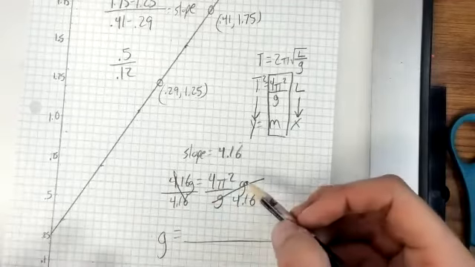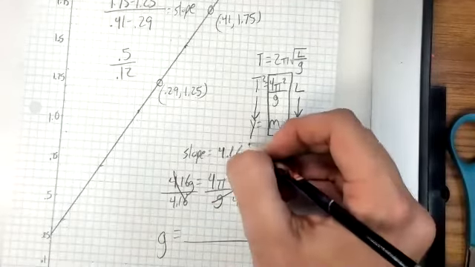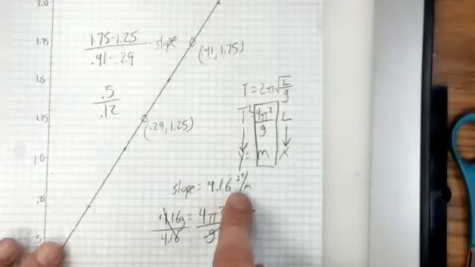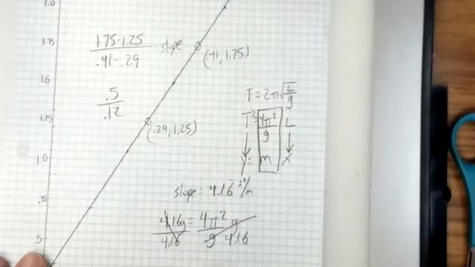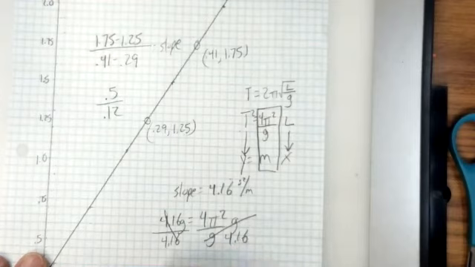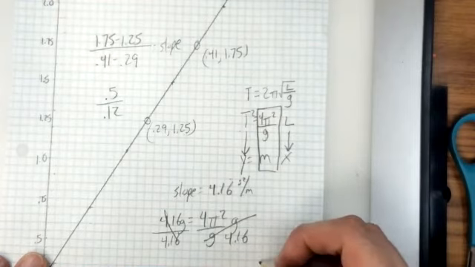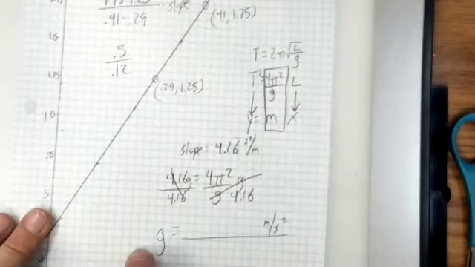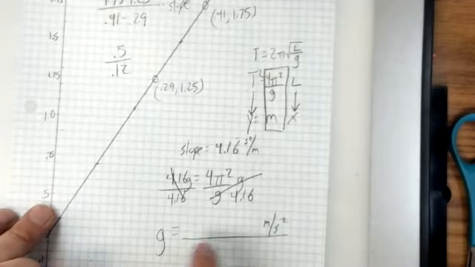Think about how the units of this slope are seconds squared per meter, because I rise in seconds squared and I run in meters. So the units of the slope are the opposite of what g is, because g is down here in the denominator. The units of our answer are going to be meters per second squared, like we know acceleration should be, the acceleration due to gravity.